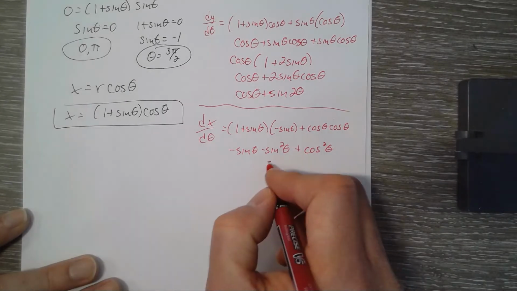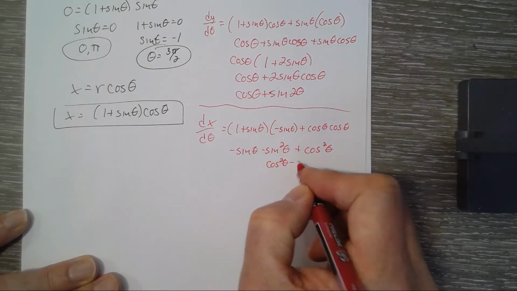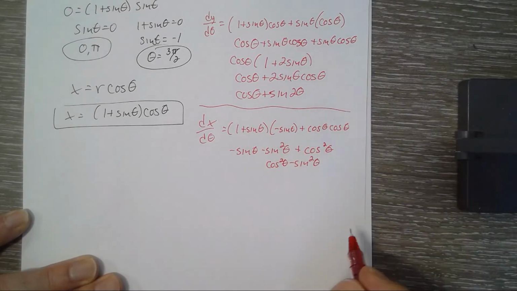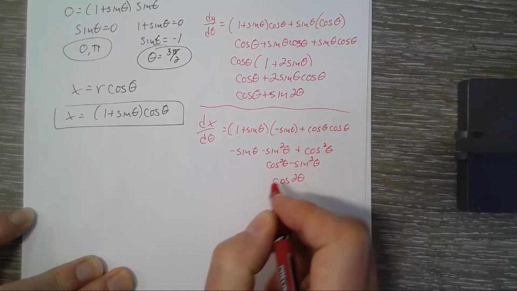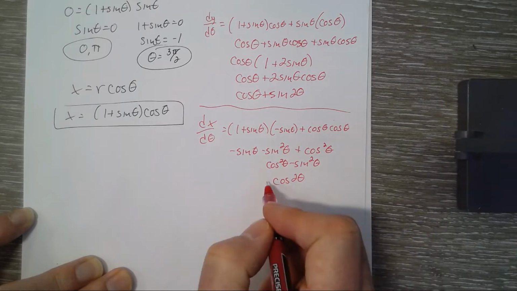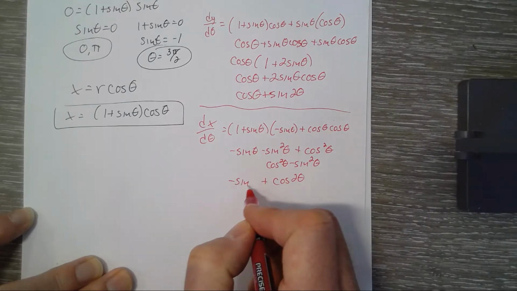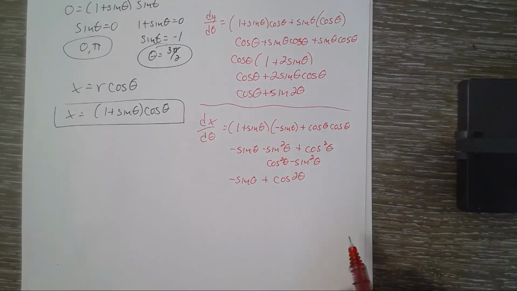While cosine squared theta minus sine squared theta, that's actually cosine of 2 theta. So that's probably the best dx/d theta I can come up with.